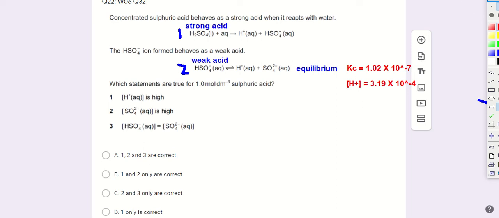Now, before I go to the explanation, I want to build a table first. Okay, build a table so that we see later in the solution, what are the concentrations of all these different species? All right. Okay, then list down first.